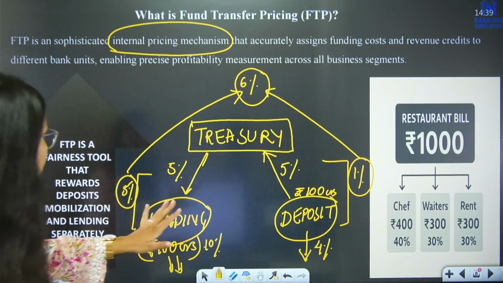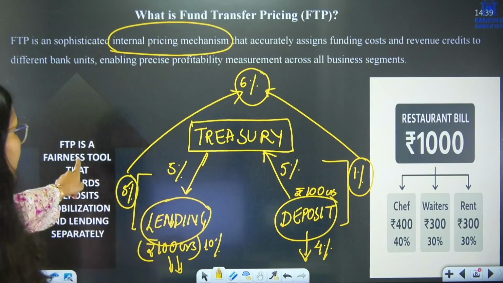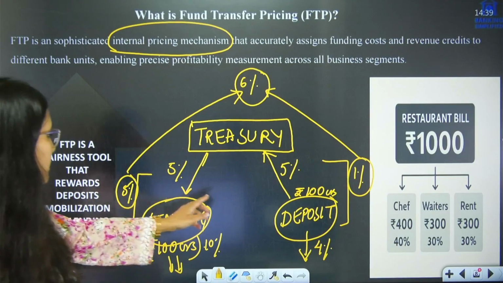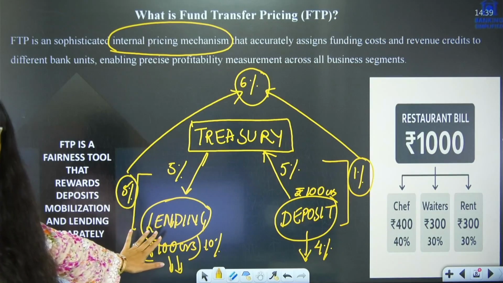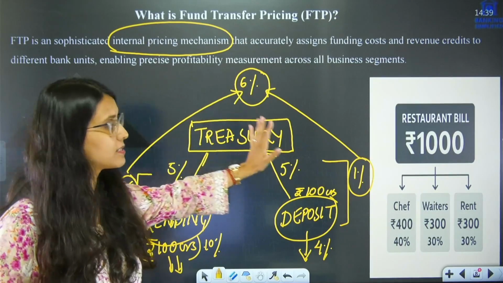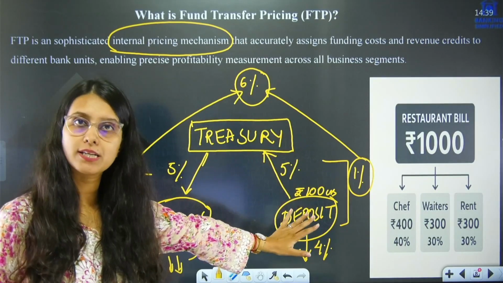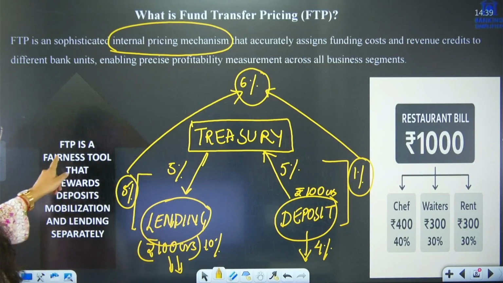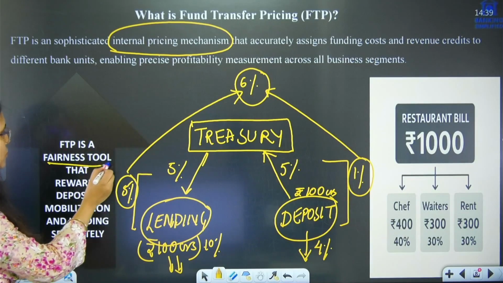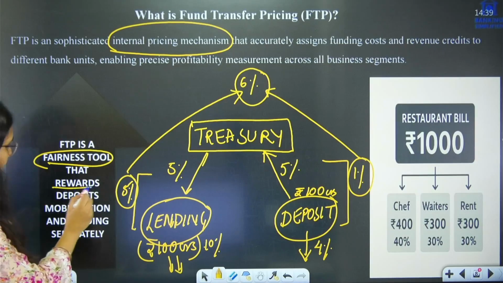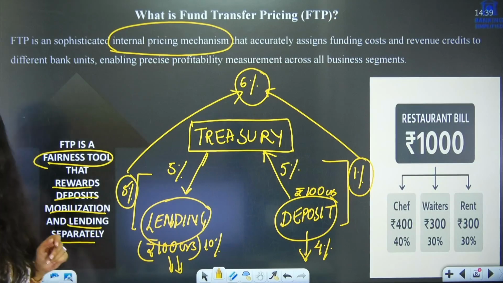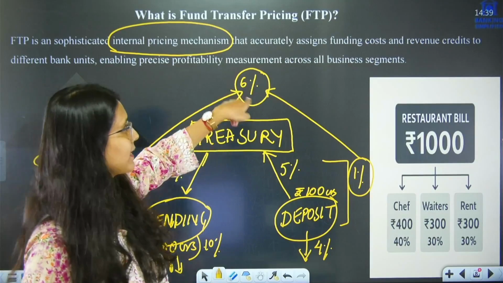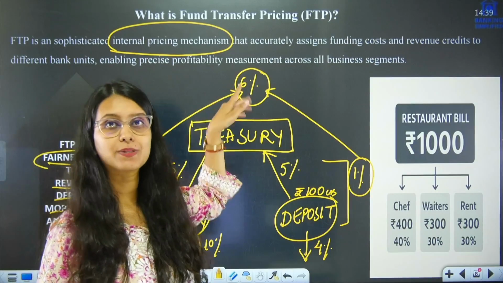FTP has very nicely rewarded deposit mobilization and lending separately. So this 6% has been distributed to the deposit taking unit and the lending unit, and it is a fairness tool that has rewarded deposit mobilization and lending separately. As a whole, the bank has earned a 6% interest.